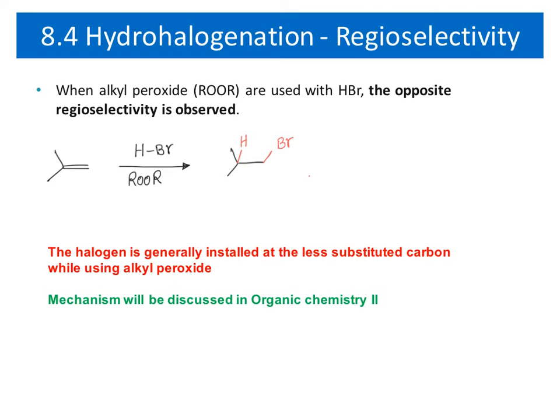So the addition here is anti-Markovnikov. Hydrogen goes to the more substituted carbon and bromine goes to the less substituted position.